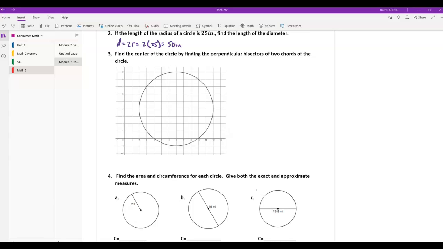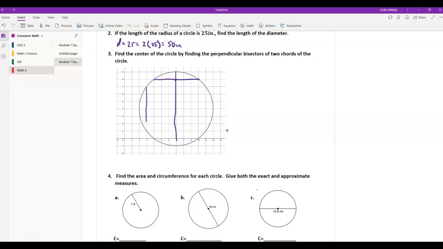Okay, now to find the center of the circle, the first thing we're going to do is draw two chords, okay? And then I'm going to find the perpendicular bisector. So I'm actually going to just draw this line down here. If I look, 1, 2, 3, 1, 2, 3, that's the midpoint, that's perpendicular.